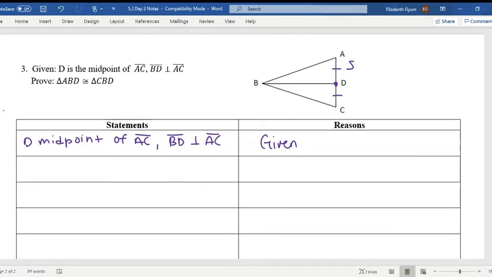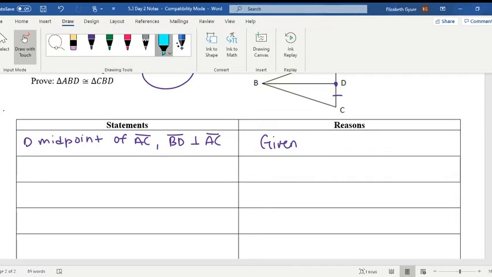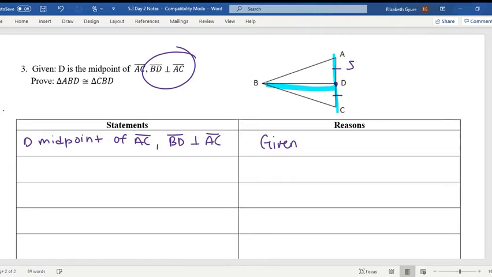Good. Then our next thing in our given is that these 2 lines here are perpendicular. So somebody else, why might that be helpful? What do perpendicular lines give you? Right angles. Perpendicular lines give us right angles.